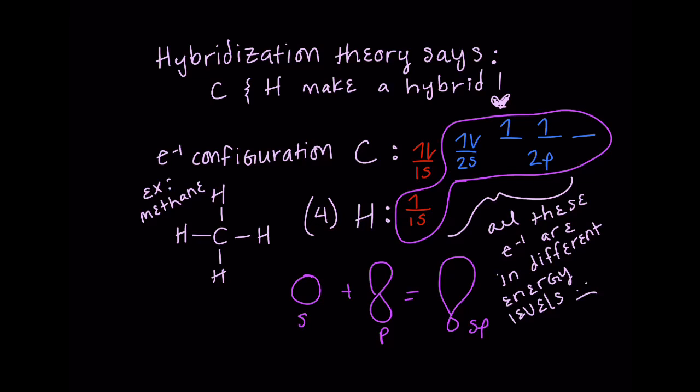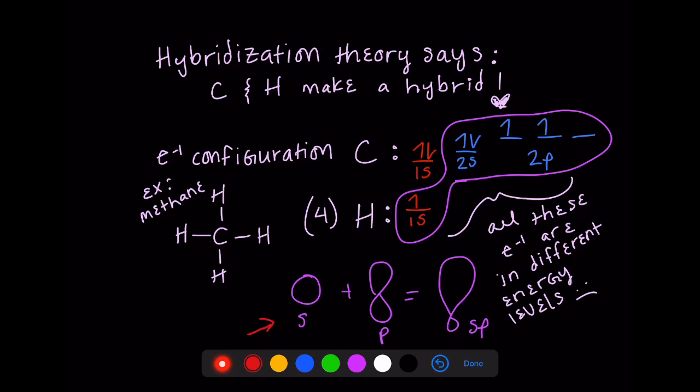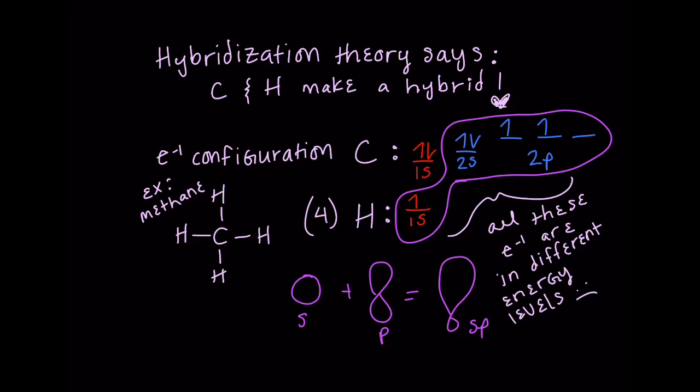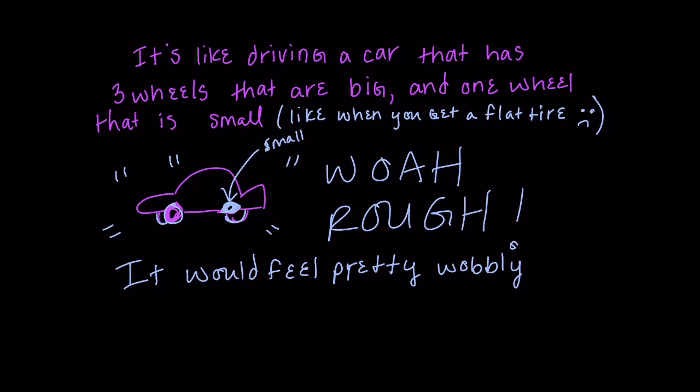It has one S shape and three P shaped orbitals, and they're going to get together and reform a new hybrid shape so that those four little hydrogen electrons can share those orbitals equally. If you remember, the S shape is circular, spherical. The P orbitals are the dumbbells, and their baby is that SP weird figure 8.